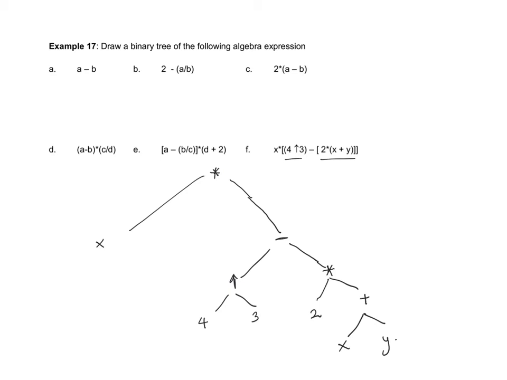So we can read it as x multiply with all this one, right? So multiply, 4 power of 3, minus 2 power of x, plus 2 times x plus y.